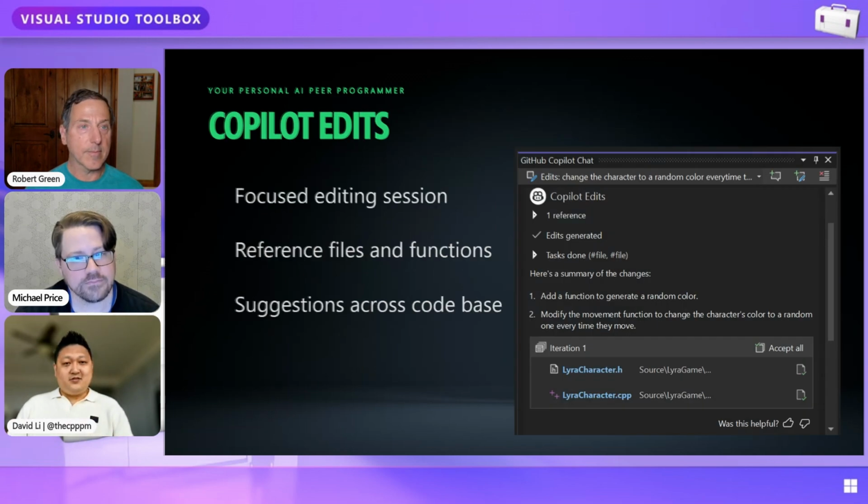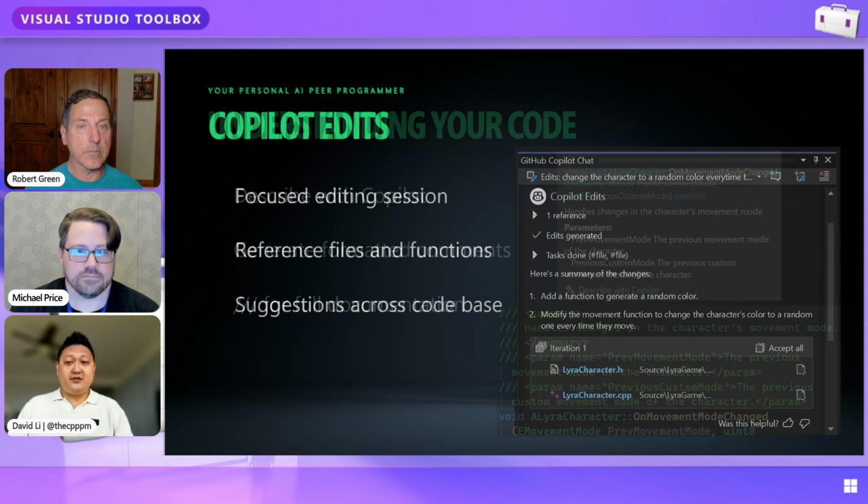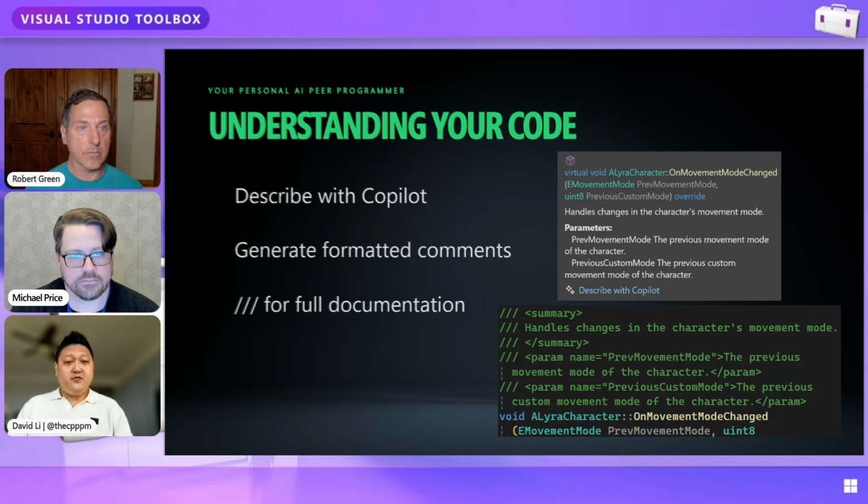Yeah, so we showed Copilot Edits. That is your new AI powered editing session. It will show you all the different edits across files with suggestions across your entire code base. We have showed you various ways that you can interact with Copilot to help you understand your code.